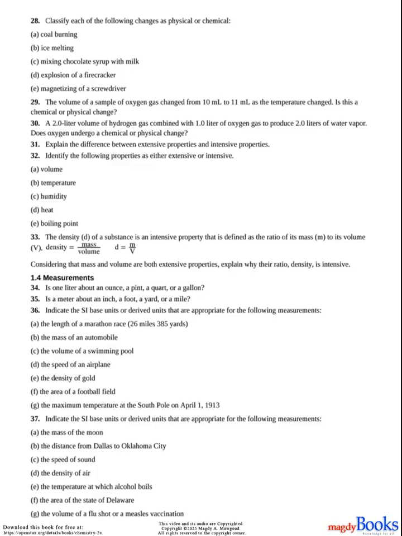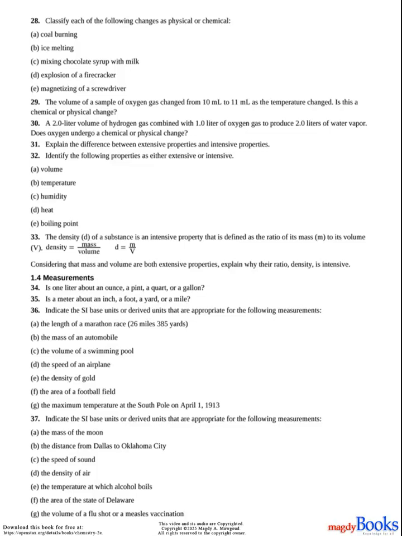1.4. Measurements. 34. Is 1 liter about an ounce, a pint, a quart, or a gallon? 35. Is a meter about an inch, a foot, a yard, or a mile? 36. Indicate the SI base units or derived units that are appropriate for the following measurements. A. The length of a marathon race, 26 miles 385 yards.